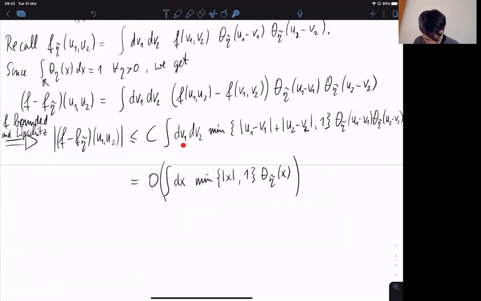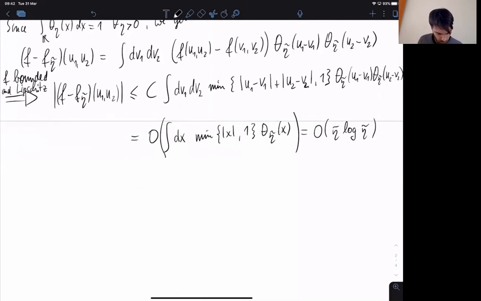And then I can always integrate out one variable, and for the other one, I get... so for example, with this term here, I get both thetas, then I can integrate out the v2 variable, and then I get this. And for the other guy here, I get the same sum. And you can do this integral here, and then what you get is that this is order eta tilde log eta tilde.